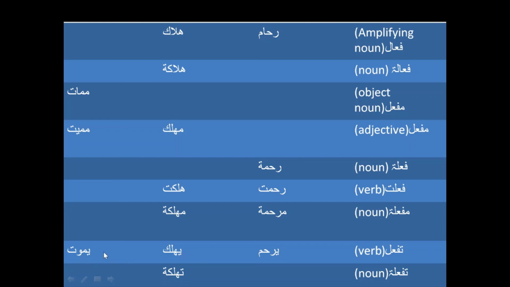So Yamut would be a verb, Yahlik would be a verb, and Yarham. So these are all the forms of these three words, and this is Taf'il and this is like Tahlika. So Tahlika is also something related to killing.